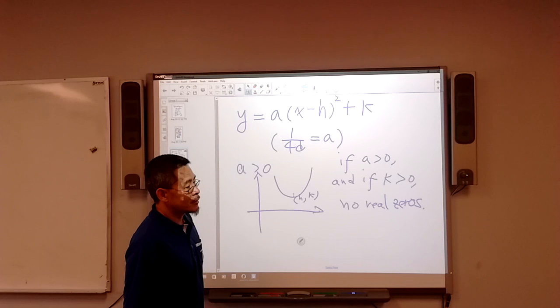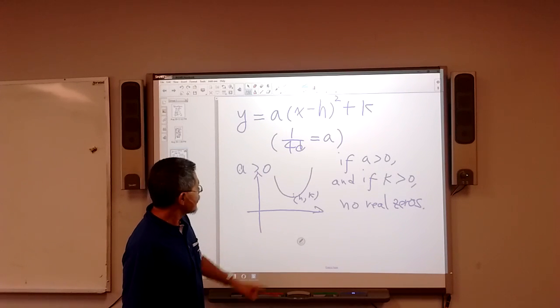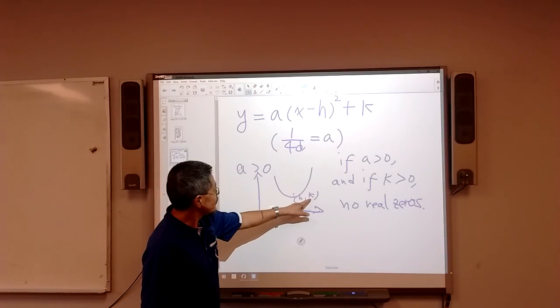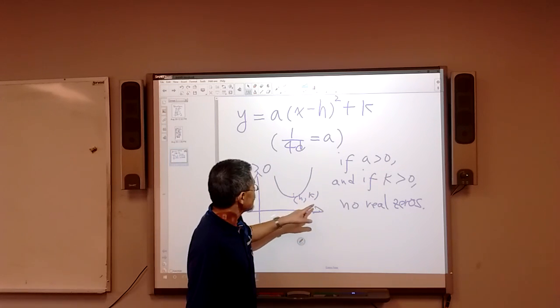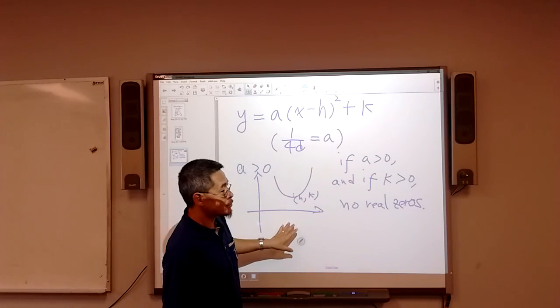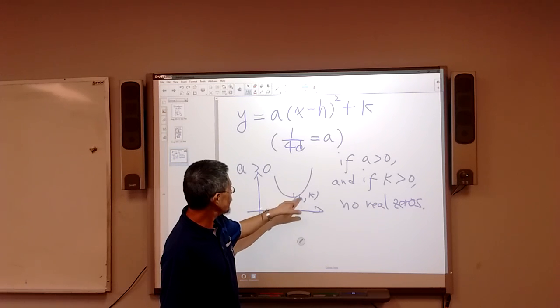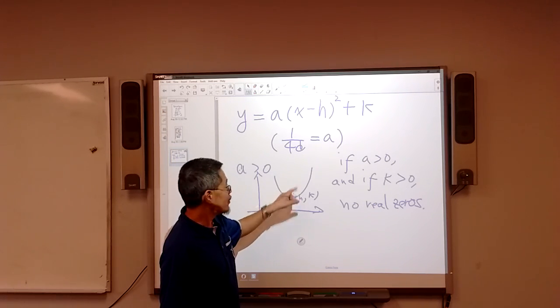But just because a is positive doesn't mean there are definitely imaginary answers, right? Well, if a is positive, and also k is positive, then there are no real zeros, because k is above this line. Okay, I'm on board.